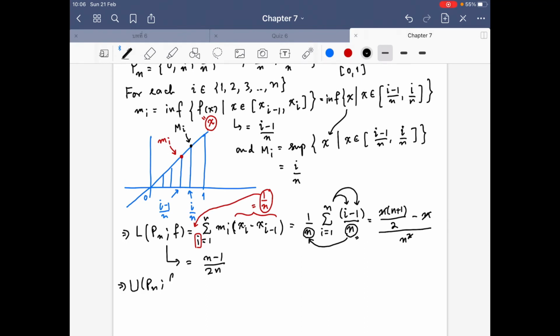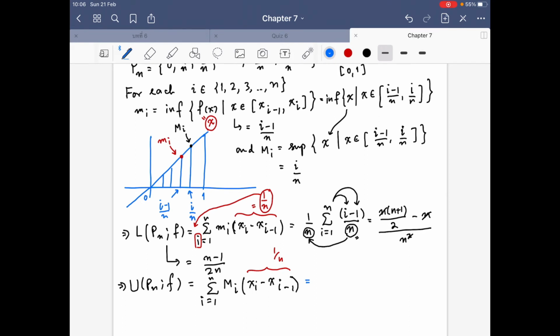Okay, your upper sum will be the same thing, but maybe a little bit simpler. So this one again, your capital Mi, and then multiply by the length of each interval, which is again 1 over n. So your 1 over n you pull outside.